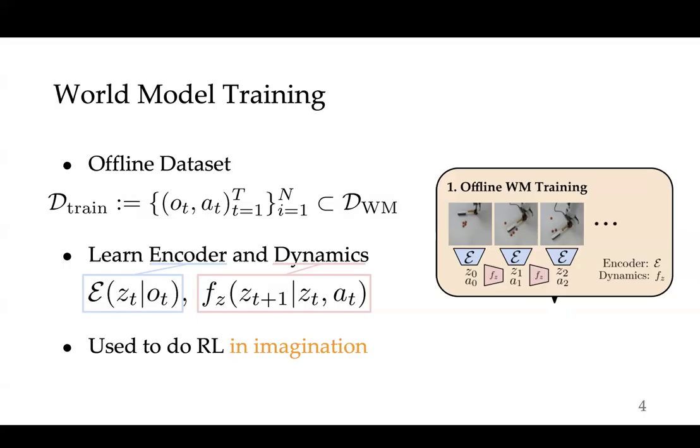We can encode these observations into some latent space, and then given this latent and an action, start to predict what the next latent will be. And by doing that with enough of these transitions, we can develop what's called a world model, which allows us to have an understanding of the physics of the world, right? So we can encode an observation into the latent space, and then predict the next latent given an action.